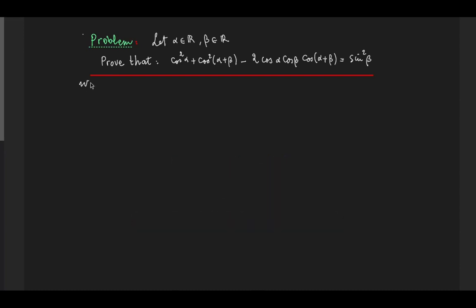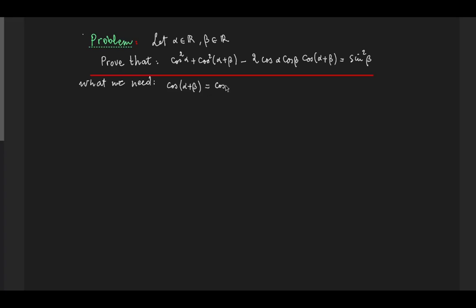Before solving the problem, we start with what we need so far. What we need to solve this problem. First, there's cosine of alpha plus beta.